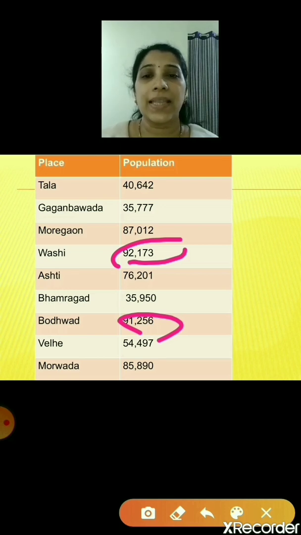In the 10,000s place it was 9. Now in the thousands place, for Vashi it is 2 and for Bodhwad it is 1. So the number 2 is the greatest. With this you can say that Vashi, that is 92,173, has the greatest population.